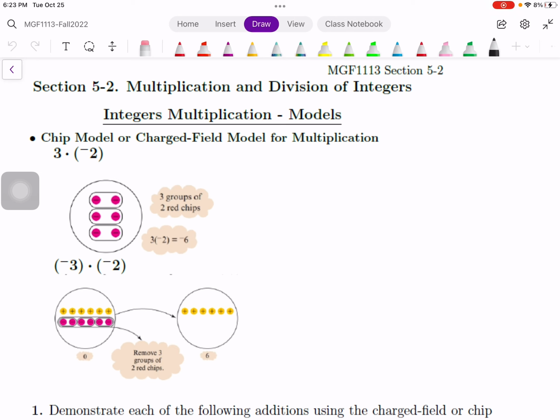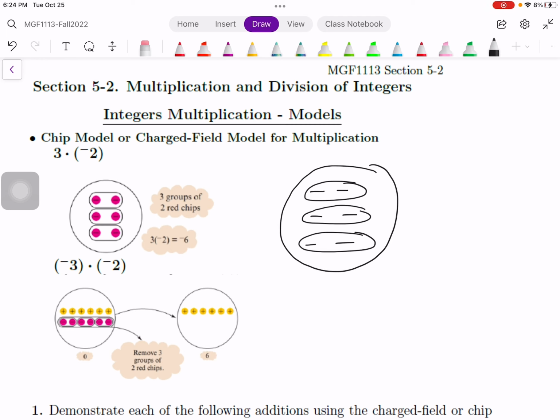If you don't feel like drawing chips, you just draw three groups of two minuses. That's one group, second group, and third group. Combined you have 6 minuses, so this is equal to -6.